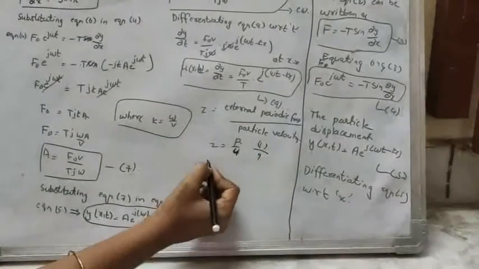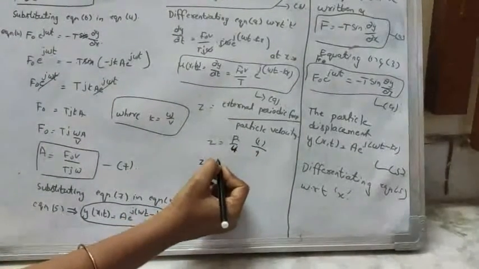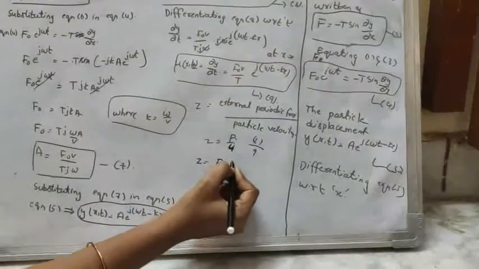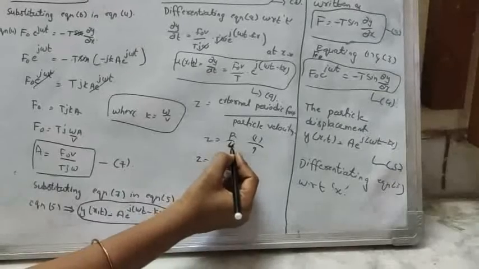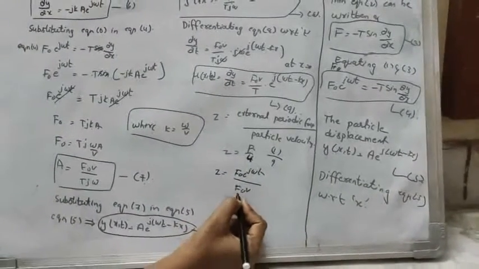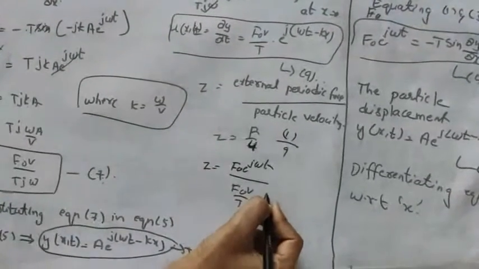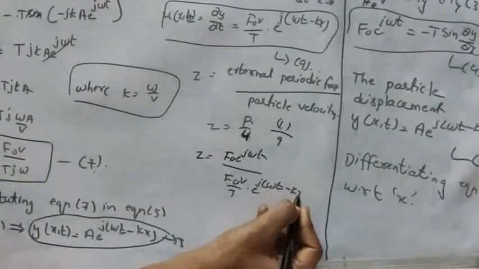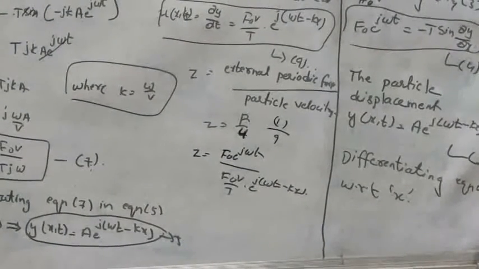So you can write Z is equal to, what is equation 1? That is F naught e power j omega t, by, what is particle velocity from equation 9? F naught v by t into e power j of omega t minus kx. Okay, so from this what gets cancelled?